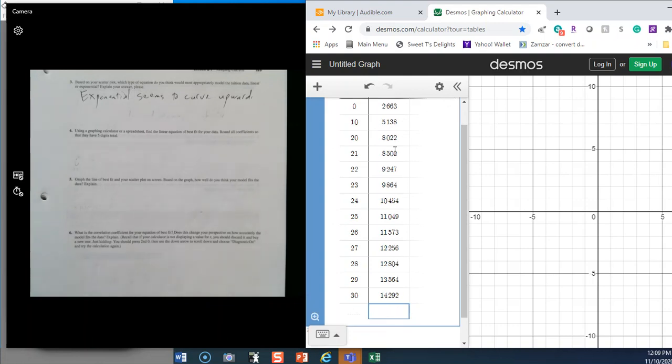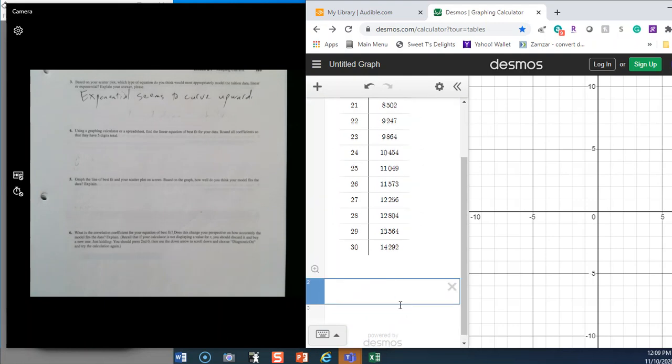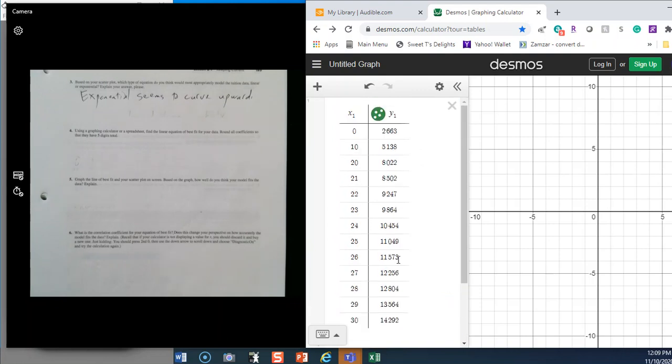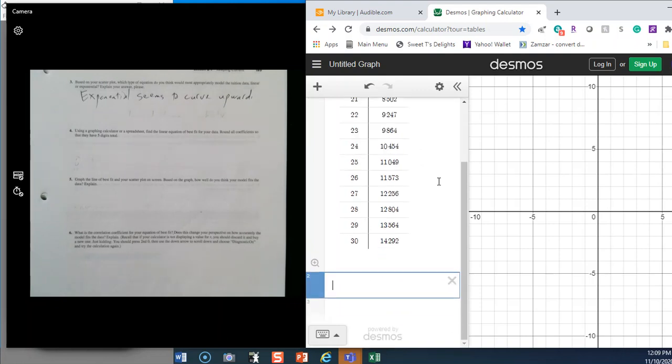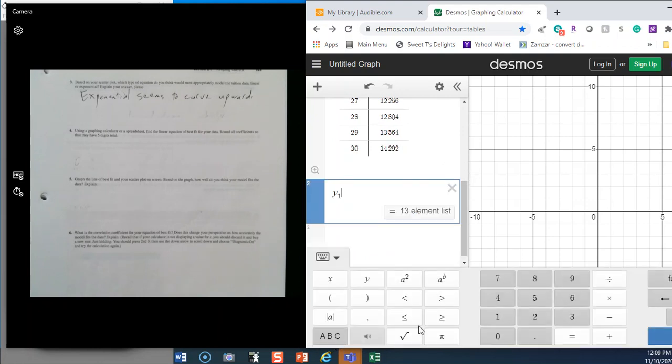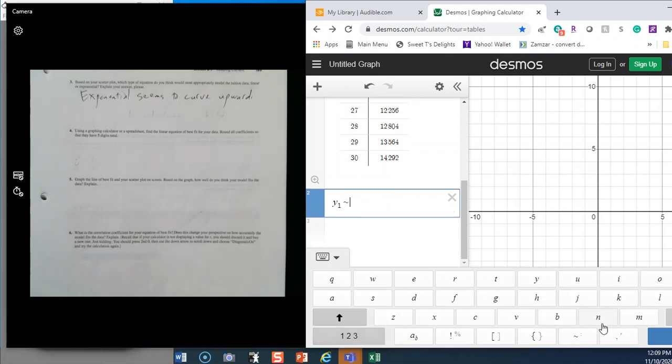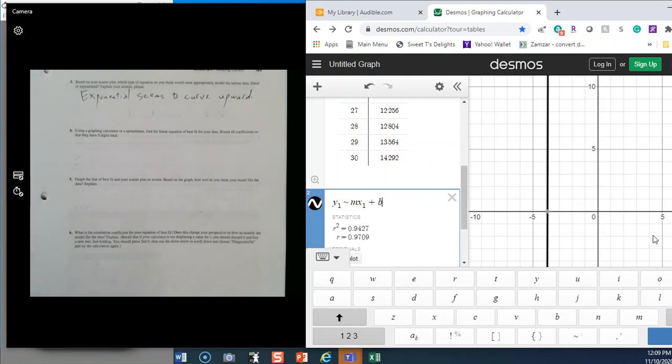So we entered all of the amounts, and we're asked to find the linear equation. So we will go down here, and remember our linear formula is y equals mx plus b. But if you notice here, we got y1 and x1, so we have to indicate that. So we'll put y1, then we'll go to this table here, and we will go to the ABC and get this tilde here. And then we'll do mx1 plus b.